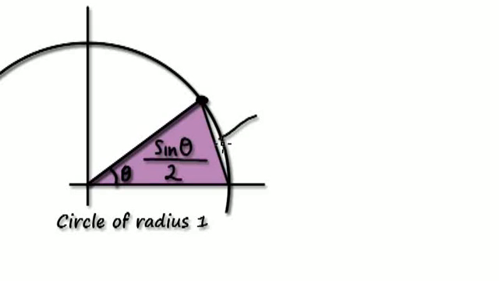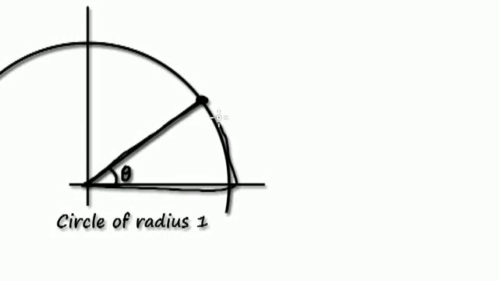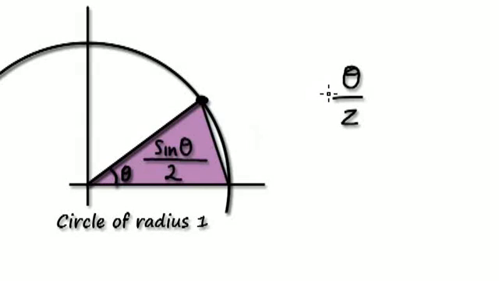Now notice that there's a white area in between here. My point is that this area here is theta over 2. This small triangle here is always going to be less than this area here.